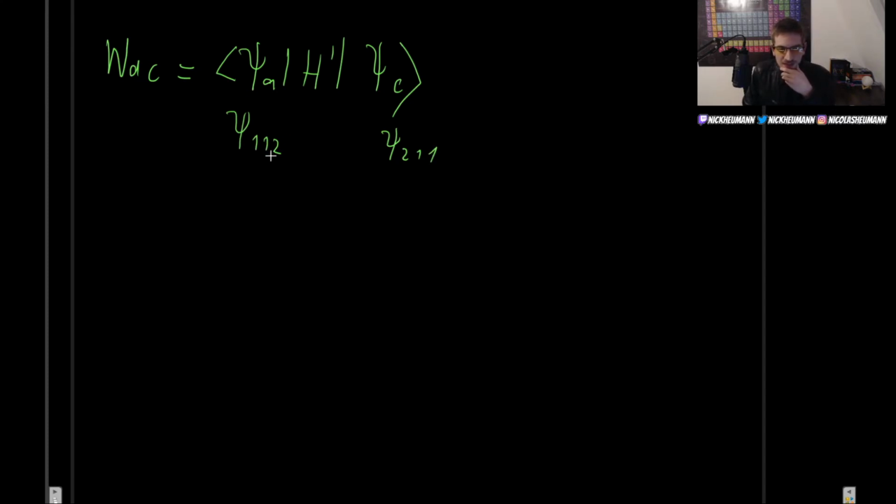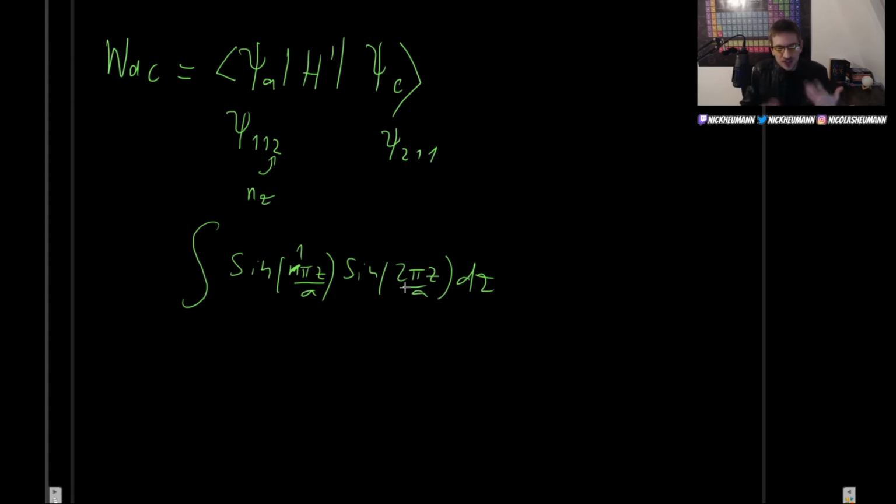So when we do this integral, this here is n z. So we get the integral of sine of n pi z over a, with n equal to 1 here, times sine of 2 pi z over a.